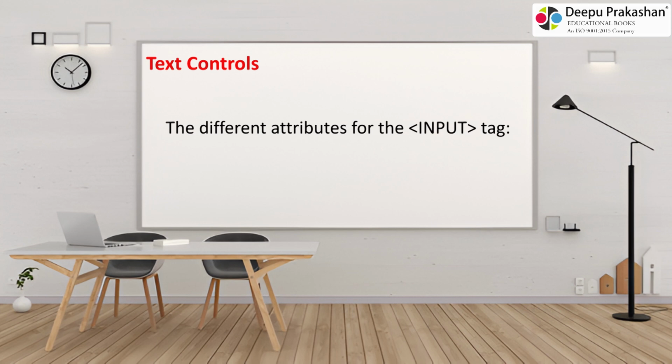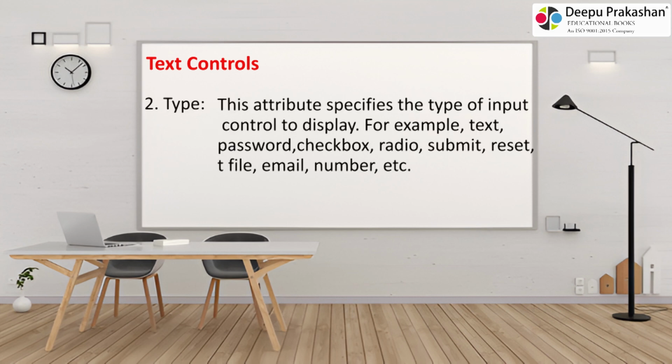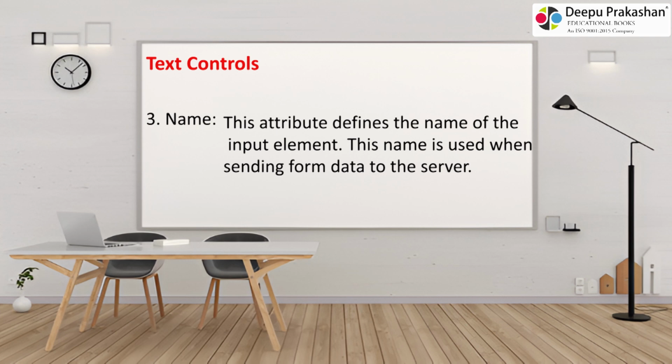The different attributes for the input tag. Type. This attribute specifies the type of input control to display. For example, text, password, checkbox, radio, submit, reset, file, email, number, etc. Name. This attribute defines the name of the input element.